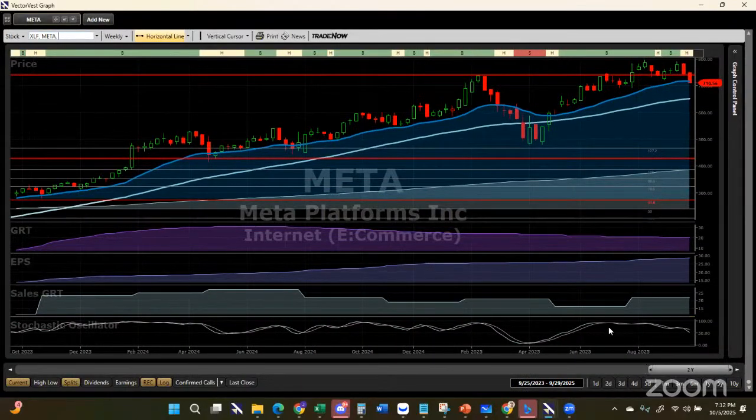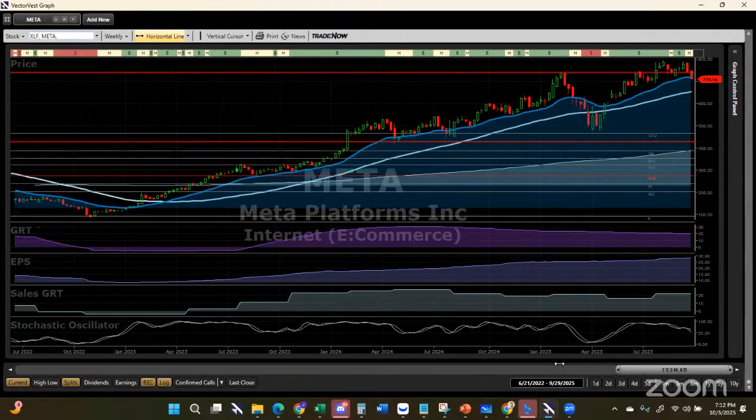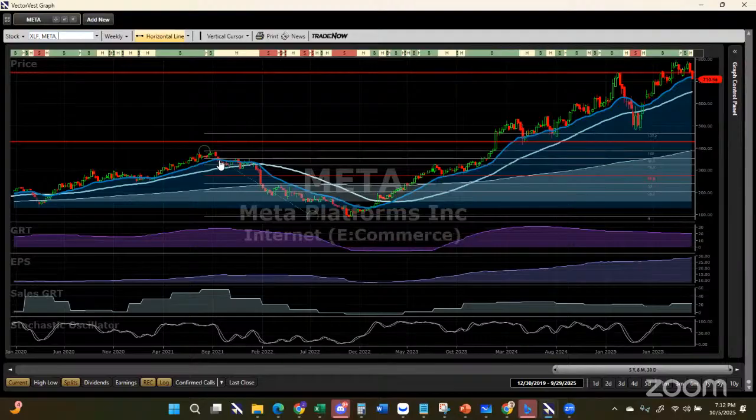You remember what I said about Stosh? Stosh was showing overbought, right? When it's overbought, expect the price to go slightly down. I would just have to see where it can go down to. Let me remove this here.